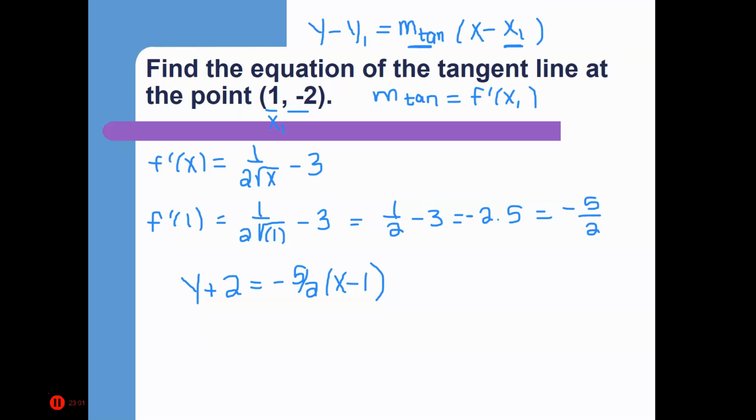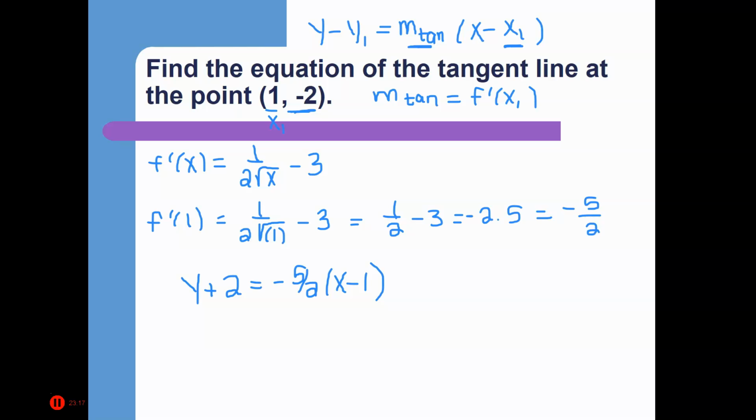So the equation of the tangent line is y plus 2 equals negative 5/2 (x minus 1). And again, that negative 2 came from plugging 1 into the original.